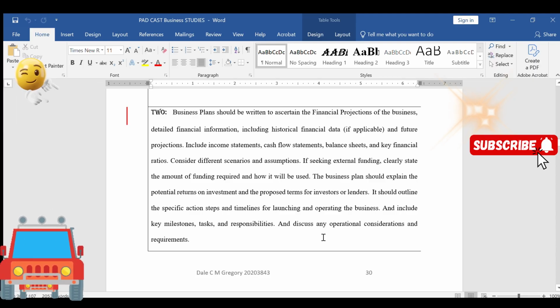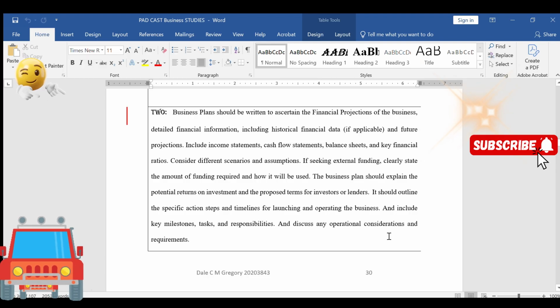Consider different scenarios and assumptions. If seeking external funding, clearly state the amount of funding required and how it will be used. The business plan should explain the potential returns on investment and the proposed terms for investors or lenders.